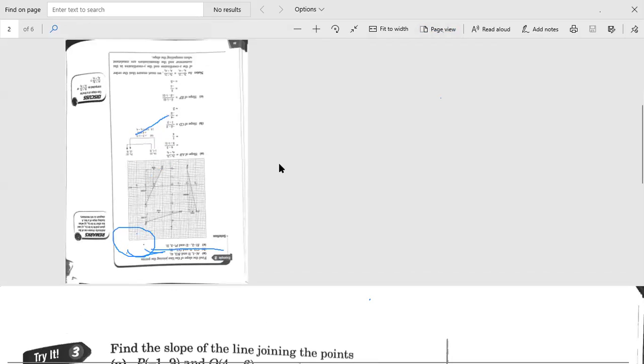Okay, we're gonna move to the next one. Let me erase the thing first.